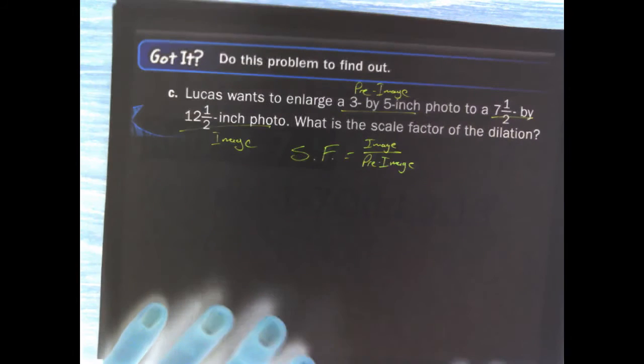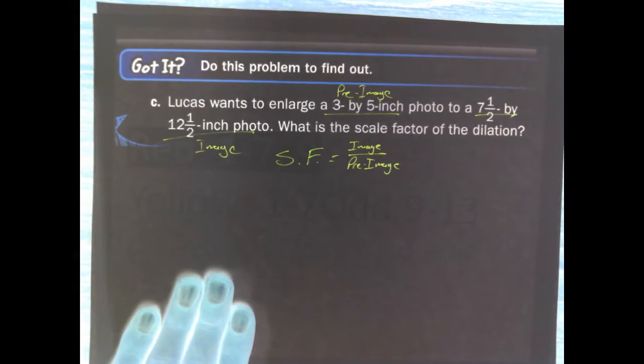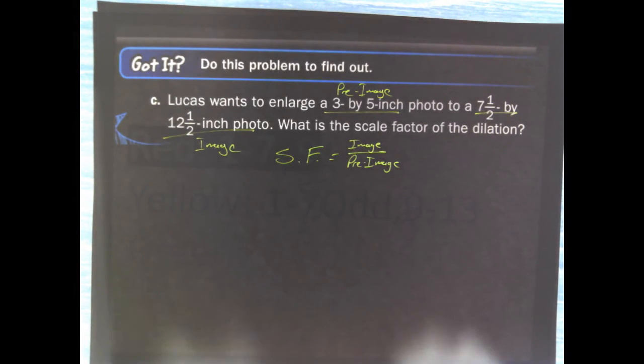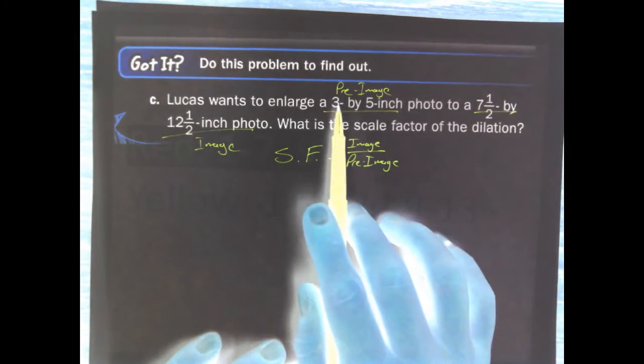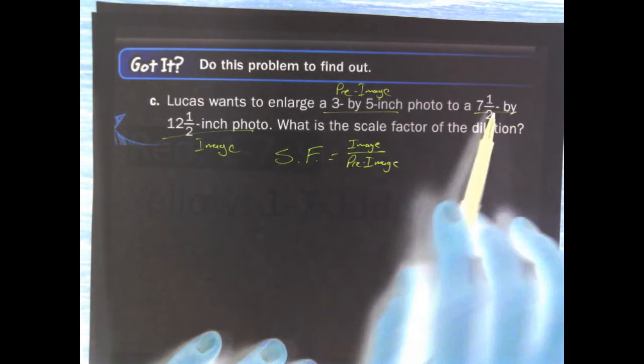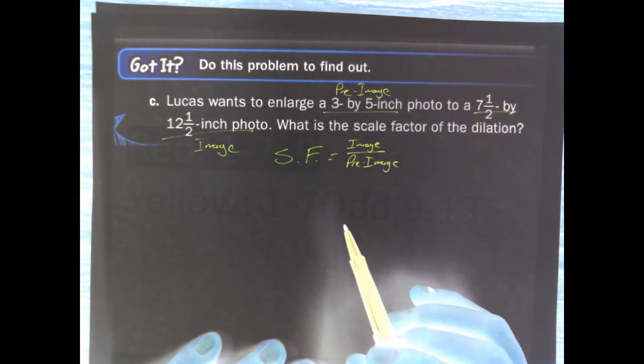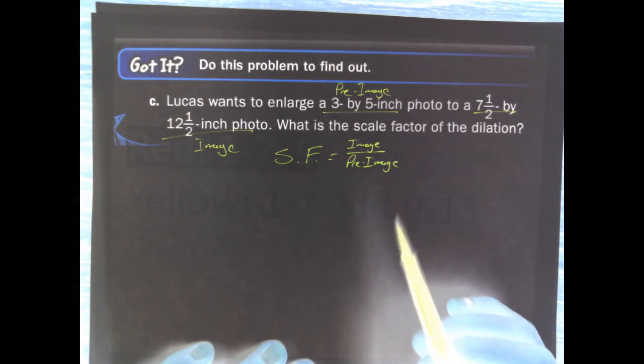Image over pre-image. Now, what complicates this problem is that they give you the dimensions of the photo. So which numbers do you use? You can think of this as like an x and a y coordinate. This might be your x, this would be your y. This would be your x, this would be your y. The main thing you need to remember when you're dividing is that you line them up.